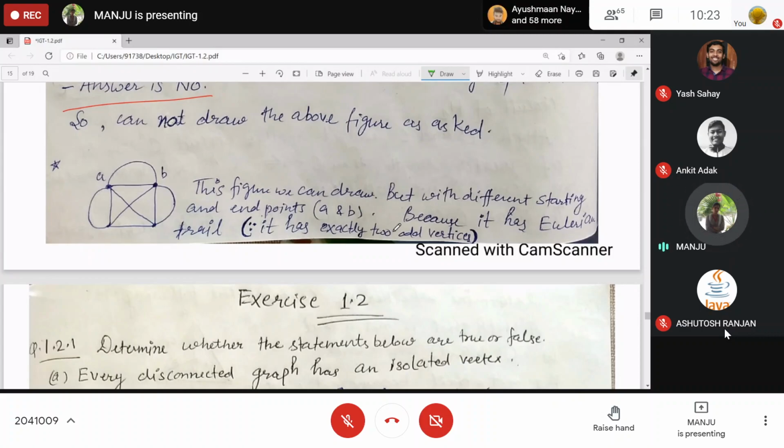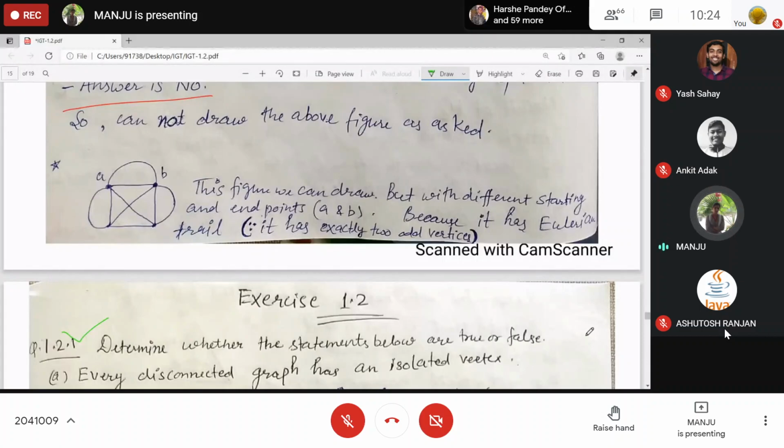And this is an if and only if case. For an Eulerian trail, exactly two odd vertices should be there; with one vertex you start, and at the other vertex it will end.